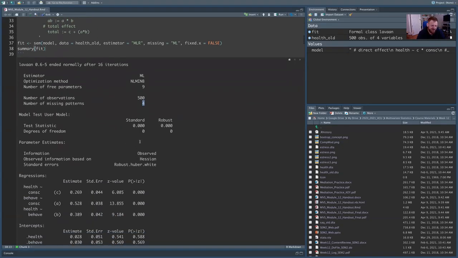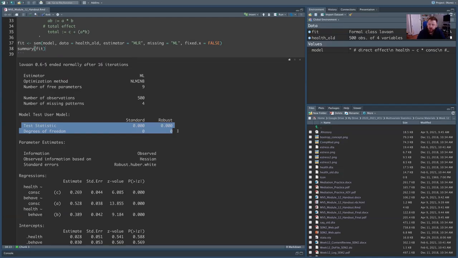Then we get our test statistics, and look at that test statistic: 0.000 for our chi-squared and 0 degrees of freedom. Now, why do we have 0 degrees of freedom? Because we're only using observed variables here. Most models that you run with only observed variables do not have any degrees of freedom.